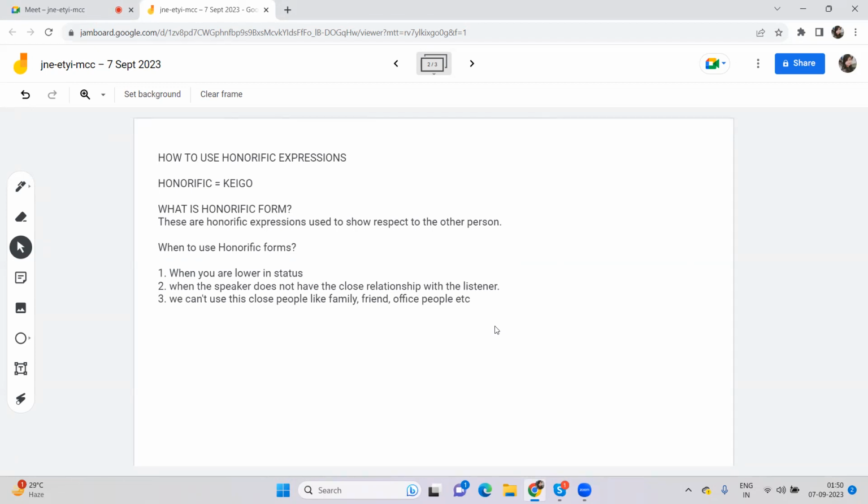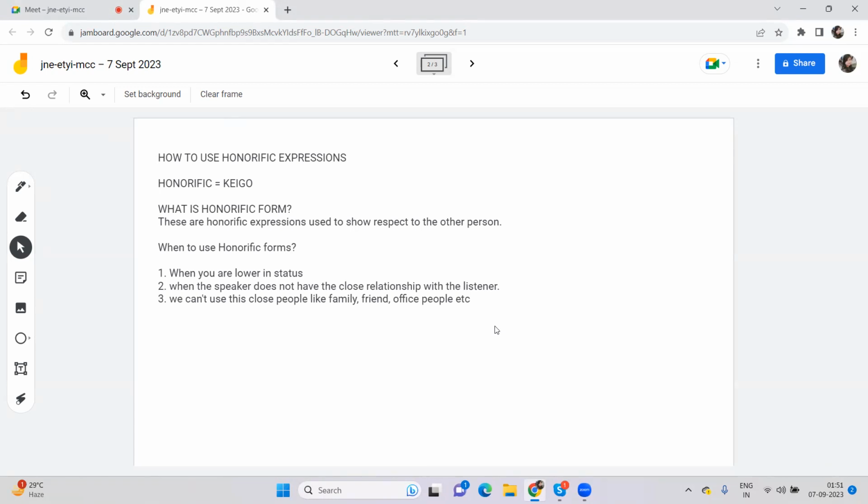First, you use honorific forms when you are lower in status. Suppose you are talking with a person and you know you are lower in status compared to the other person. At that time we use honorific form.